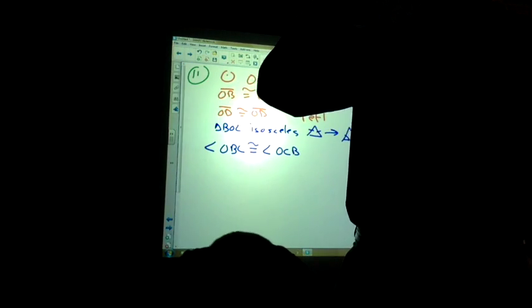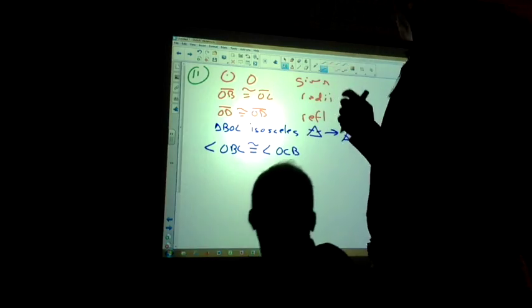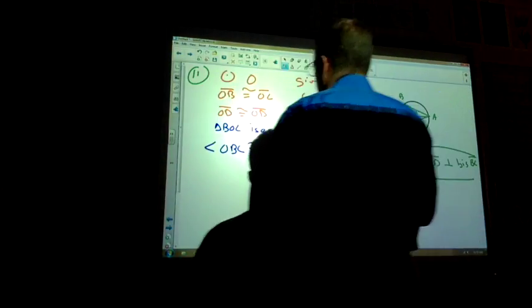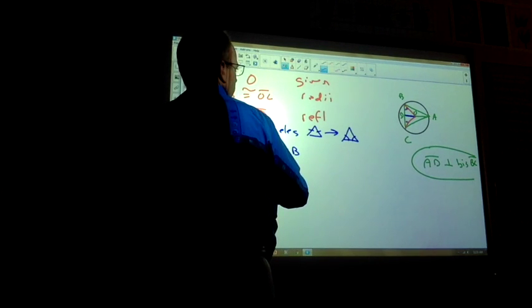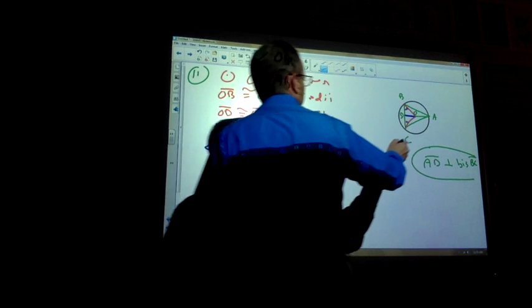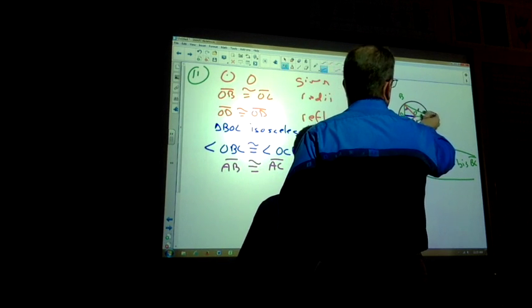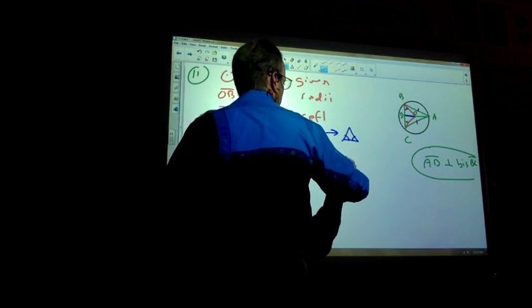Were there other givens that I'm forgetting? Oh shoot. Okay. So AB and AC are congruent. Great. So that's going to tell me that and that are congruent. Oh shoot, that's given.